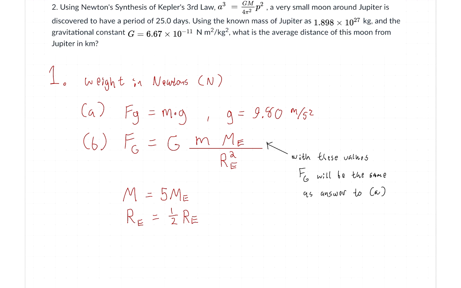So you will think of this formula, the universal force law as it's called, not as being specifically for the mass of Earth and the radius of Earth. We'll erase those subscripts and say we're now using this formula in general for any planet. In this case, the particular numbers are going to be 5 times the mass of Earth and 1/2 the radius of Earth. You'll plug those numbers in.